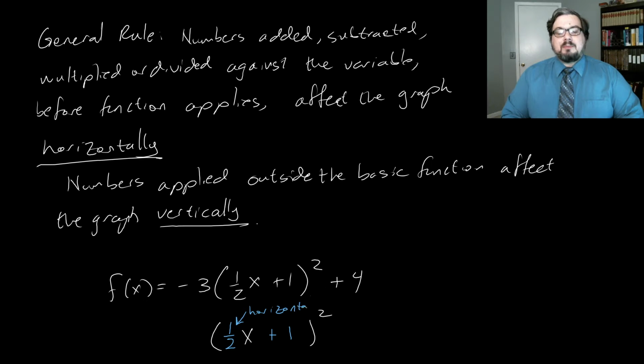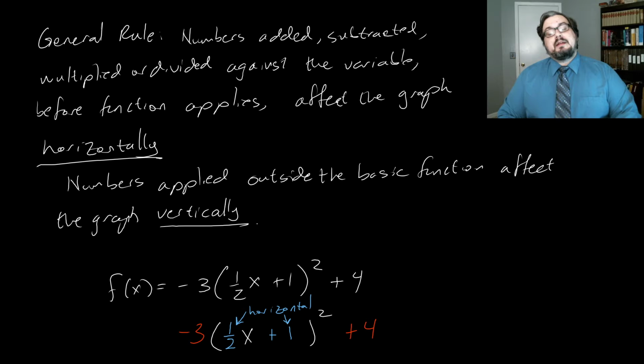They're going to accomplish horizontal changes in the graph. On the other hand, the -3 and the +4 are both applying outside of the function.